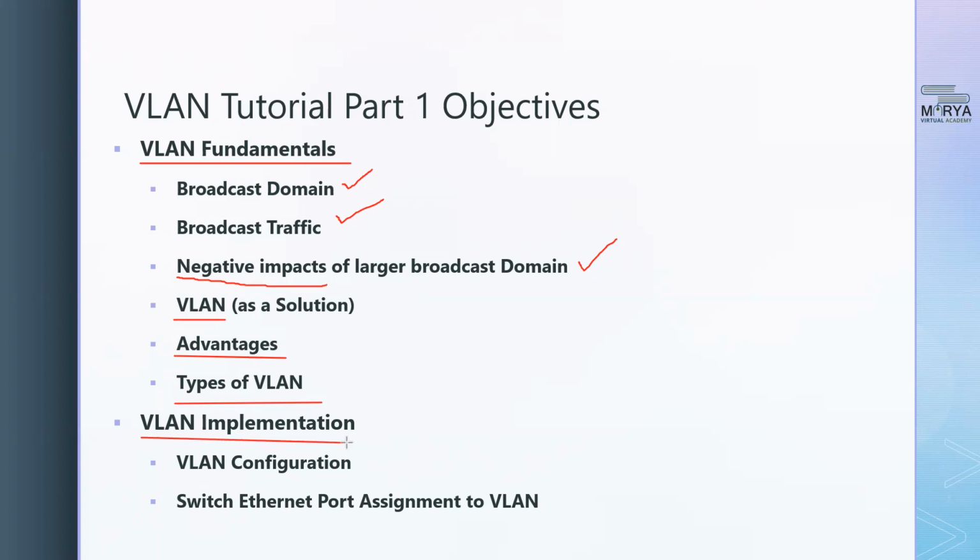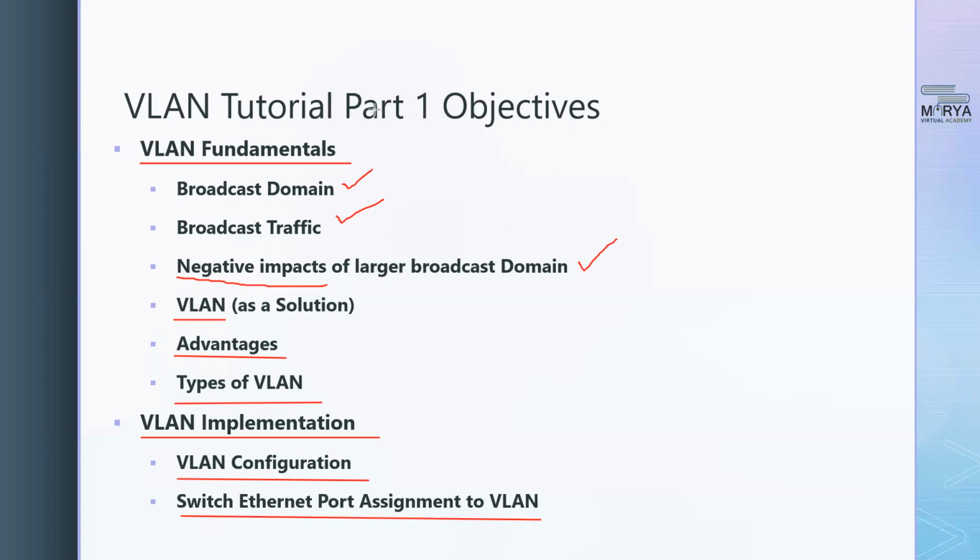At the end of this part one tutorial, we will have a discussion about VLAN implementation. In VLAN implementation, we will talk about how to configure VLAN, based on what we can divide our larger broadcast domain into smaller broadcast domains, into smaller VLANs, and how to assign ports to VLANs.